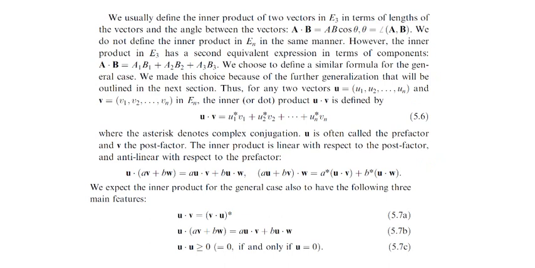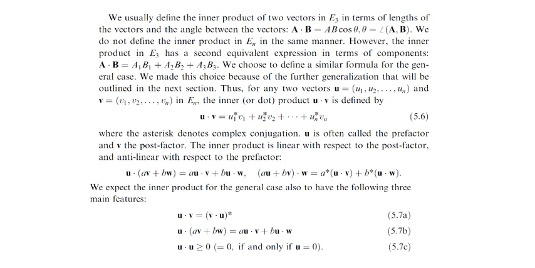And now in the three-dimensional space we define inner product like this, right? a dot b would be ab cos theta, or an equivalent expression in terms of components would be a1 b1 plus a2 b2 plus a3 b3. But in the n-dimensional Euclidean space, we define inner product like this.